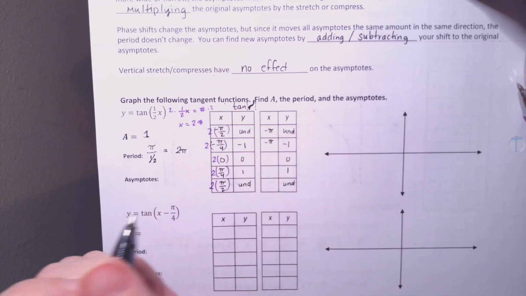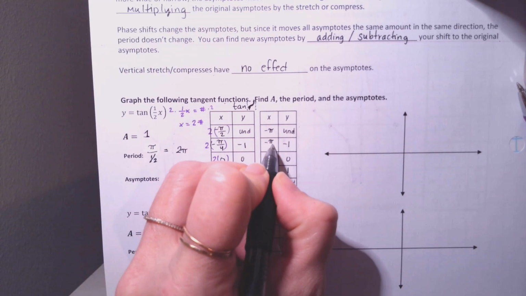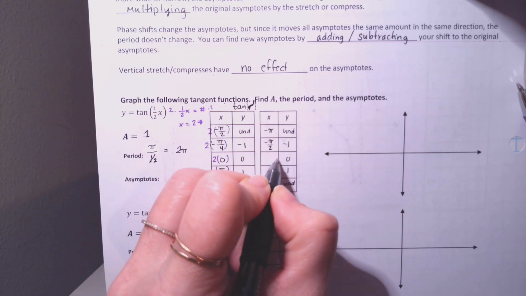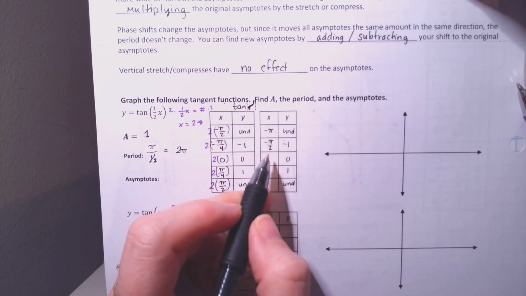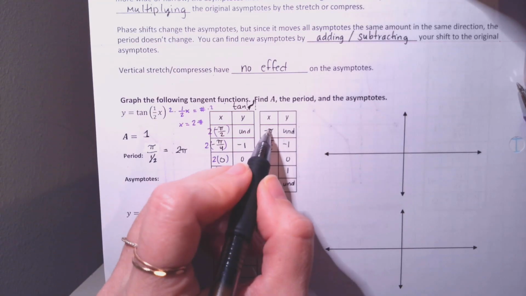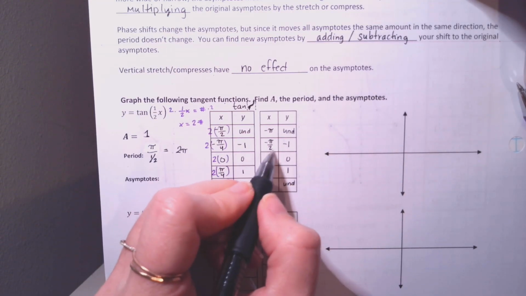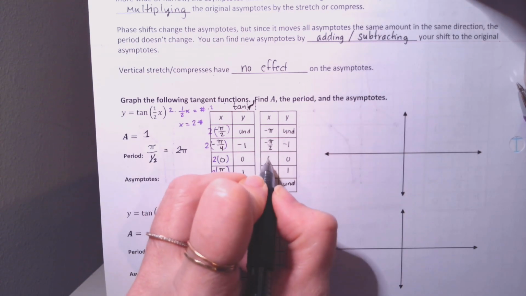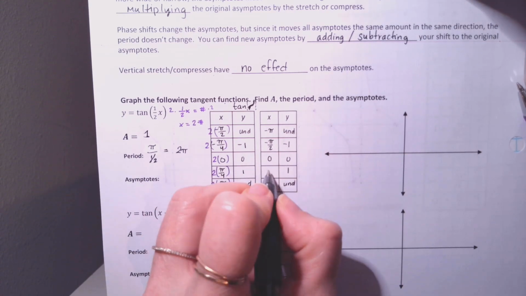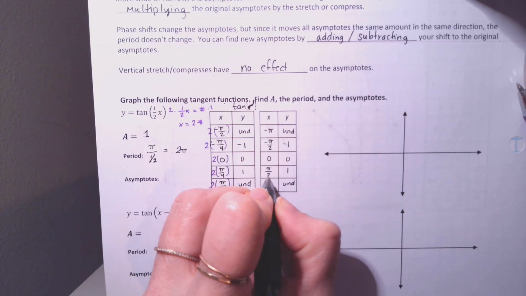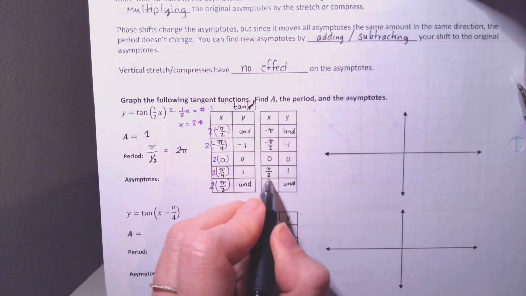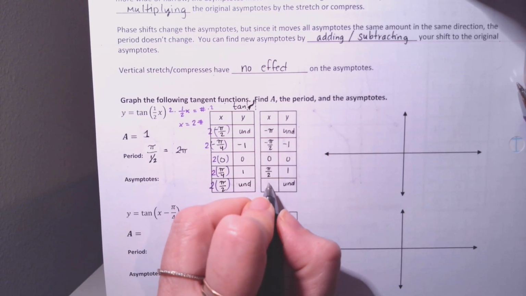And remember, like I showed you before, once you figure out the pattern for how the x's are changing, you can just follow that pattern for the rest of them. So if you look, you can actually see it's just increasing by pi over 2 each time. So if you add pi over 2 to this, you would get 0. If you add 0 to pi over 2, you would get pi over 2. And then if you add pi over 2 to this, you would get 2 pi over 2, and 2 pi over 2 is just pi.